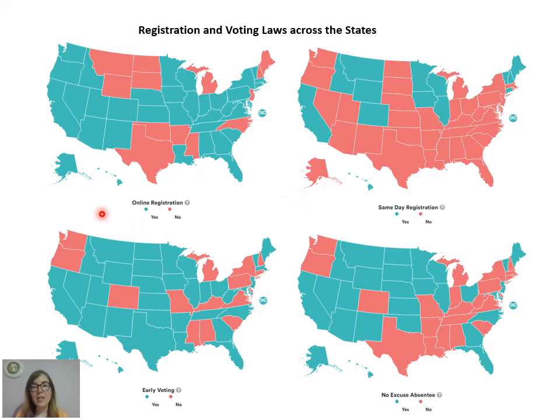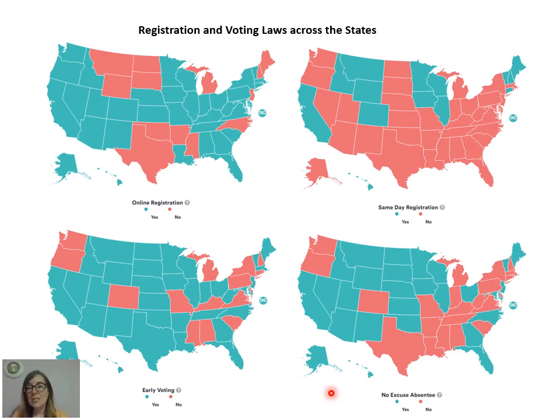Down on the lower left, you look at laws about early voting, and the majority of states do have some sort of early voting period. Over here on the bottom right is when you get to no excuse absentee voting. And that is what we're talking about a lot today. That is essentially mail-in voting.